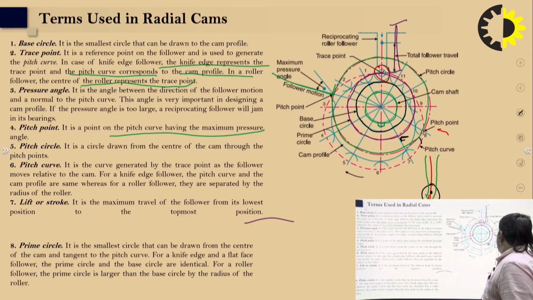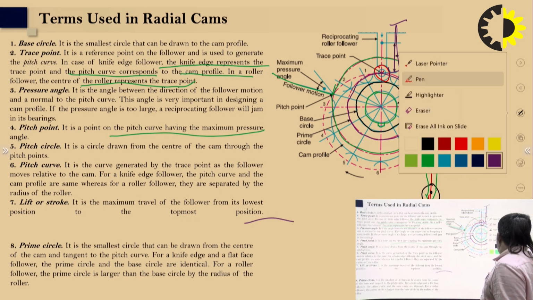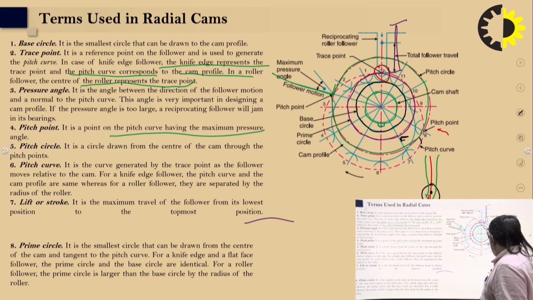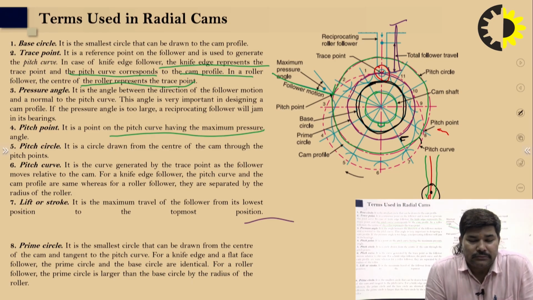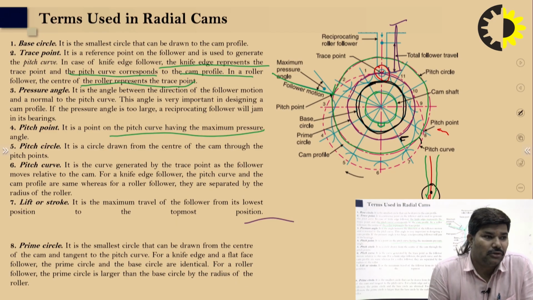In that case the base circle is known as the prime circle. The base circle and prime circle are identical in case of the knife edge follower or the flat face follower, right?